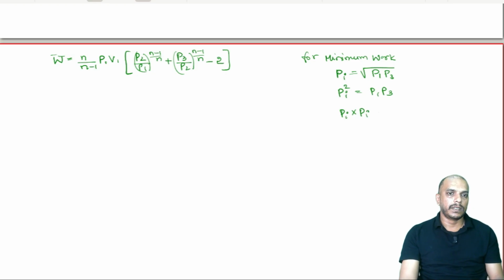P2, correct. So, P1 P3. Now, we know that Pi is equal to P2. So, in our expression Pi is equal to P2.